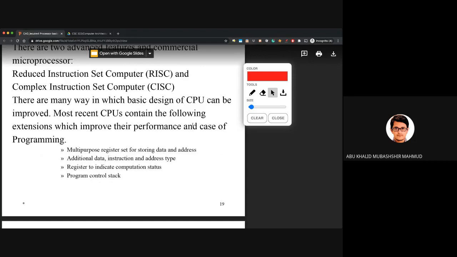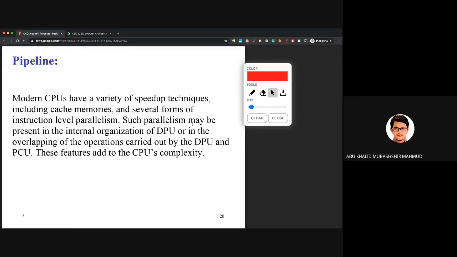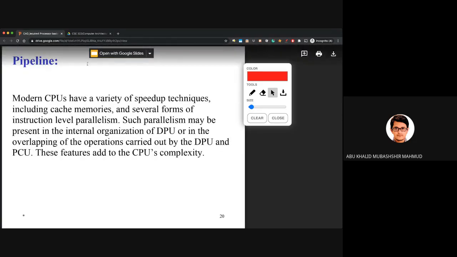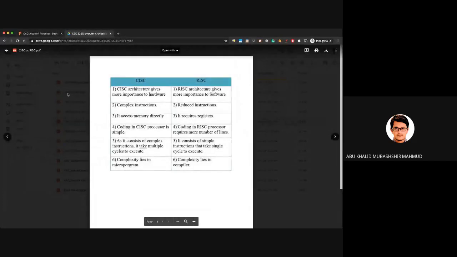So now let's move forward to the topic of pipeline. But before that, I would like to show you another topic, the difference between RISC and CISC. It is given in your resource Google Drive.